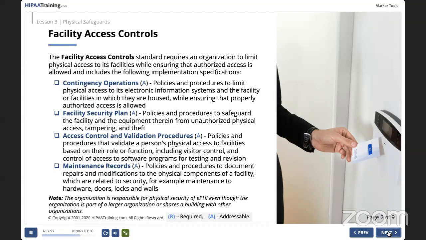Policies and procedures to document repairs and modifications to the physical components of a facility, which are related to security. For example, maintenance to hardware, doors, locks, and walls. Note, the organization is responsible for physical security of EPHI, even though the organization is part of a larger organization or shares a building with other organizations.